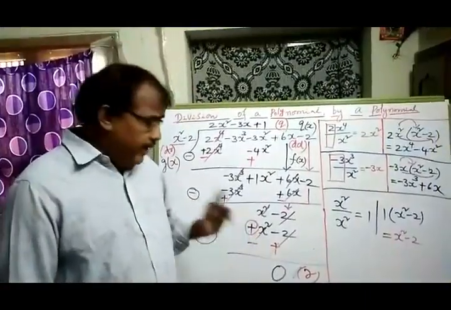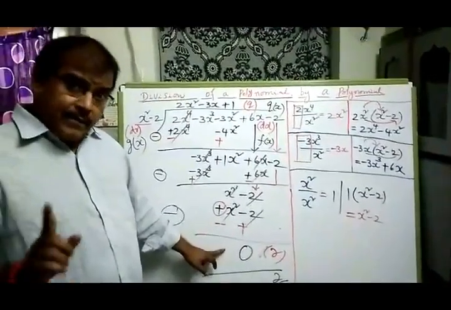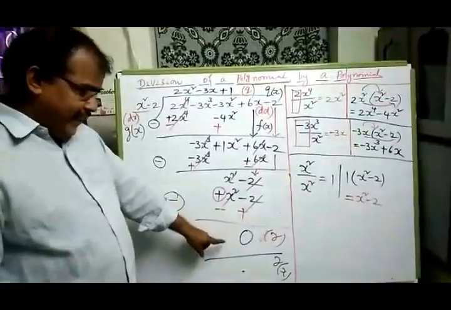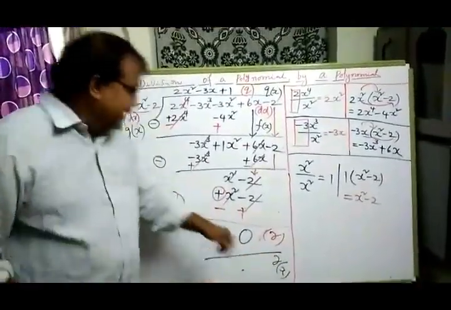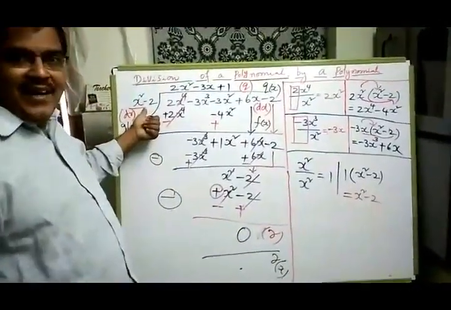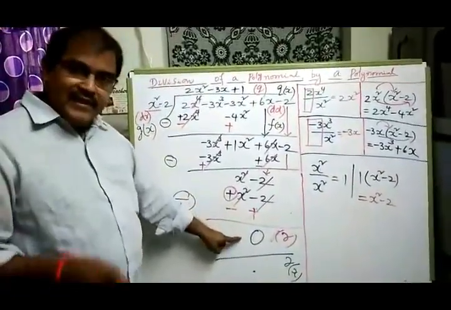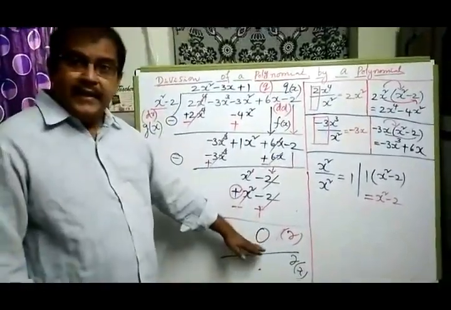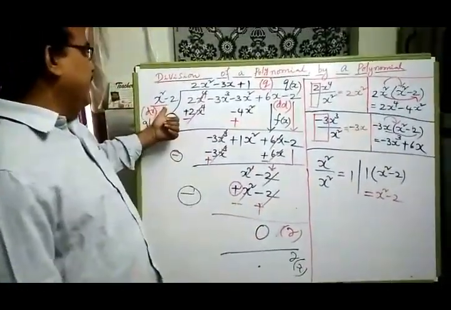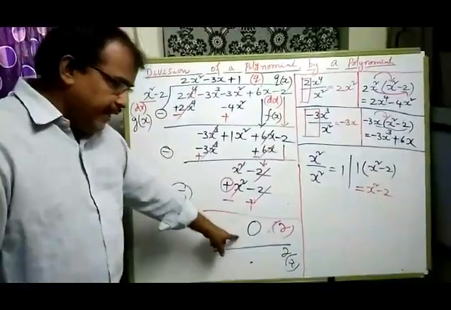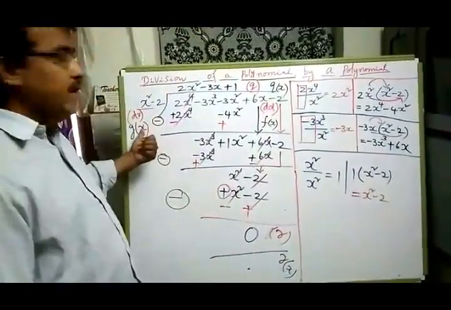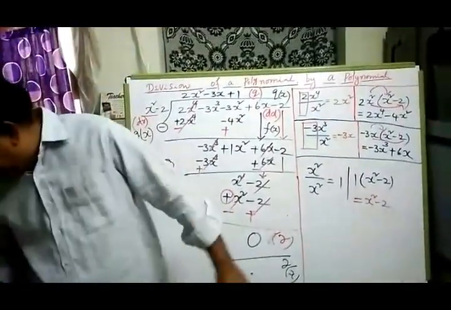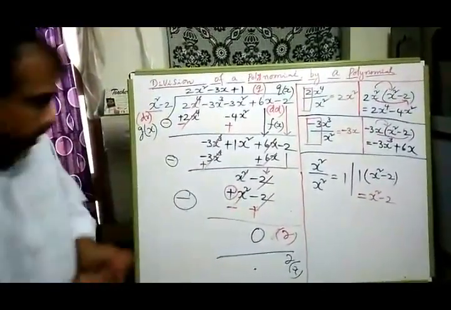Here the very important point is that either the remainder should be 0 or the degree of the remainder is less than the degree of the divisor. That means the degree of r of x is less than the degree of g of x.